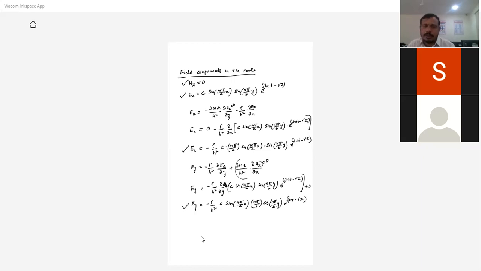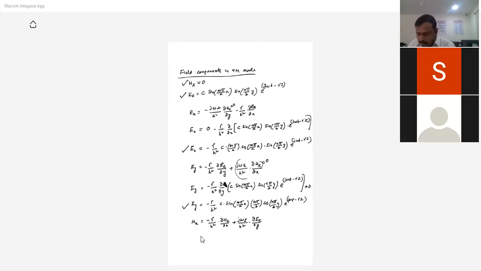So we did four: Hz, Ez, Ex and Ey. The remaining two you need to write, Hx and Hy. What is the Hx? Hx is equal to minus gamma by h square dou Hz by dou x plus j omega epsilon by h square into dou Ez by dou y.